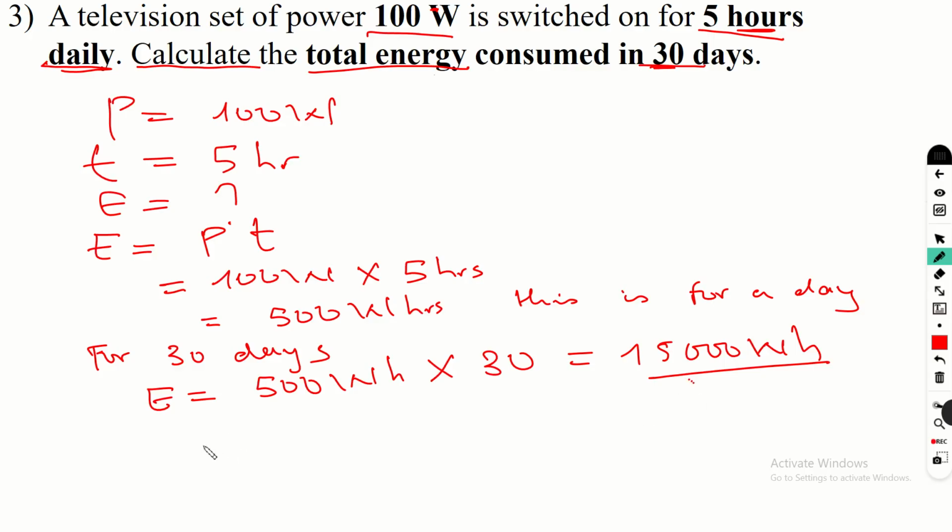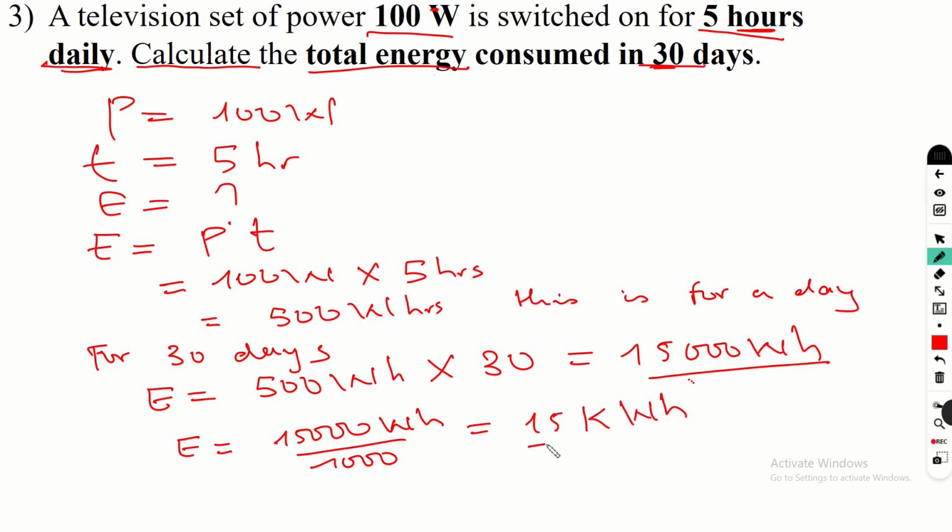So E will be equal to 15,000 watt hour divided by 1000 will give you 15 kilowatt hour, because this K represents 1000. So 15 kilowatt hour is same as 15,000 watt hour. Great, right? I hope you understand that.